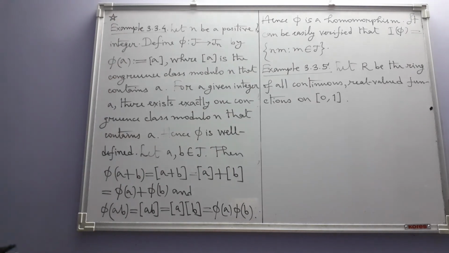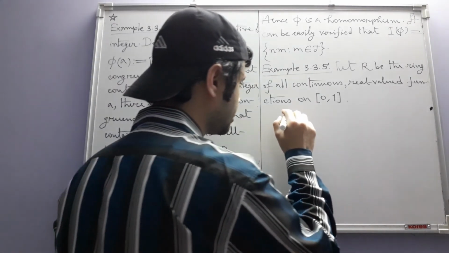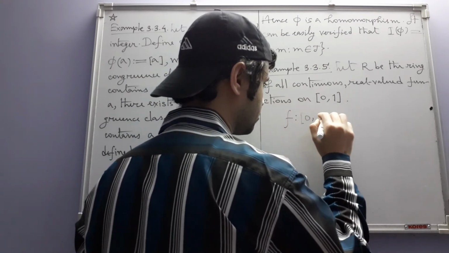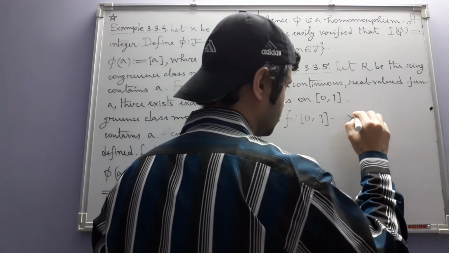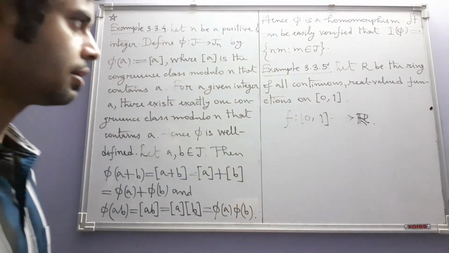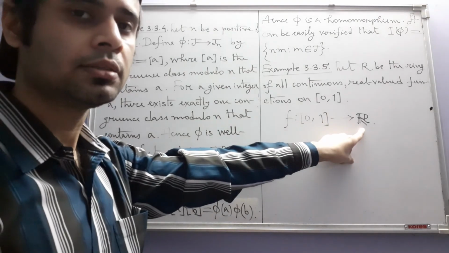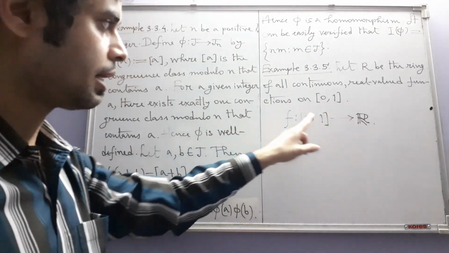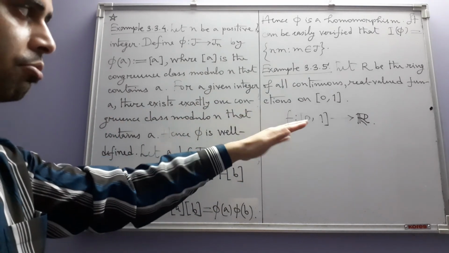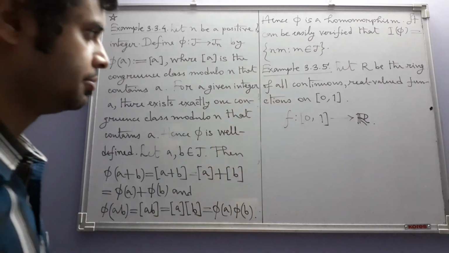So that means the elements in R are functions whose domains are equal to the unit interval and whose range is the set of real numbers. And not just that, they are continuous, where we are following the ordinary definition of continuity.